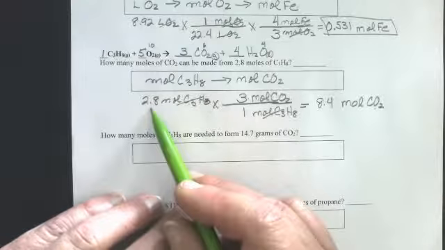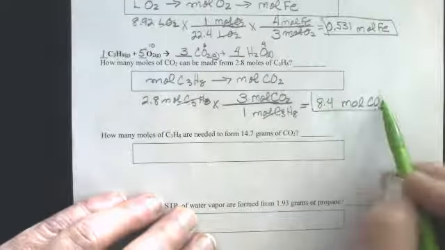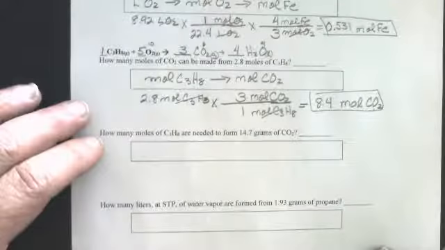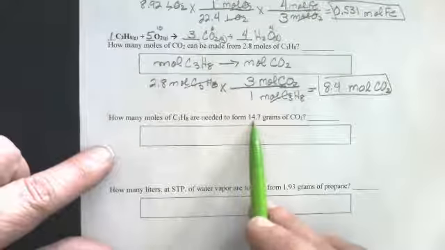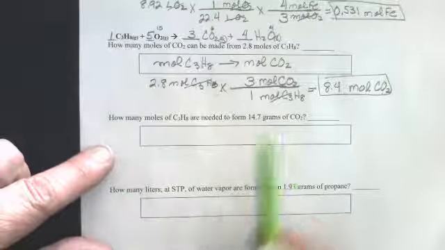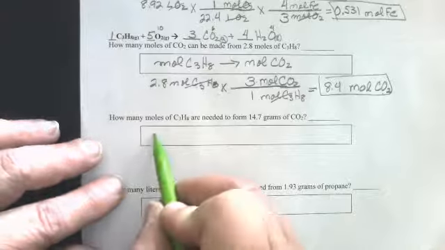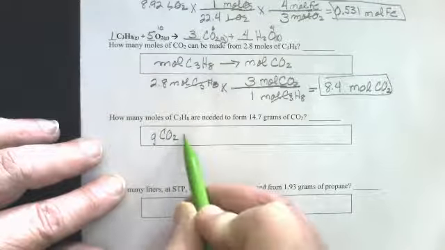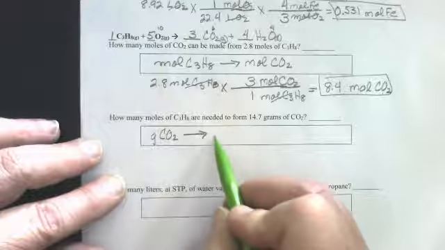How many moles of propane are needed to form 14.7 grams of carbon dioxide? So they're giving me number of grams of carbon dioxide. From there, again, starting here, grams of carbon dioxide, I'm going to go to moles of carbon dioxide.